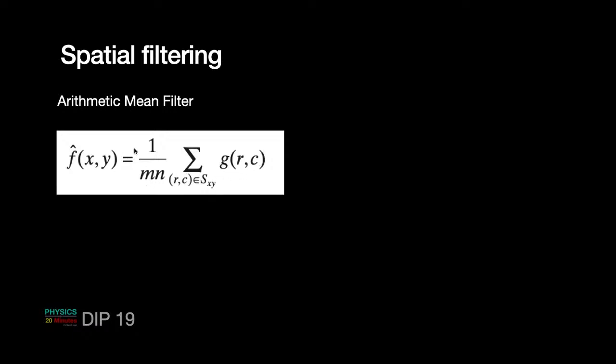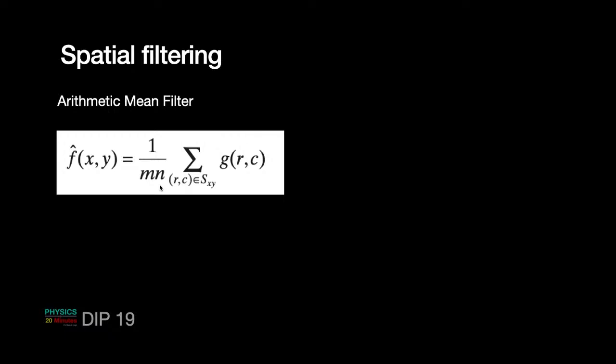So all it says is that you take a small neighborhood S of xy, take all the pixels in that neighborhood, add all those pixels together, and then divide by the total number of pixels. This m into n is the total number of pixels.